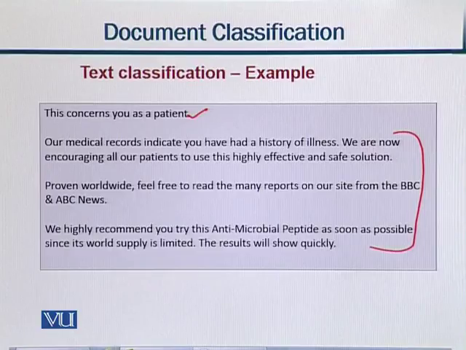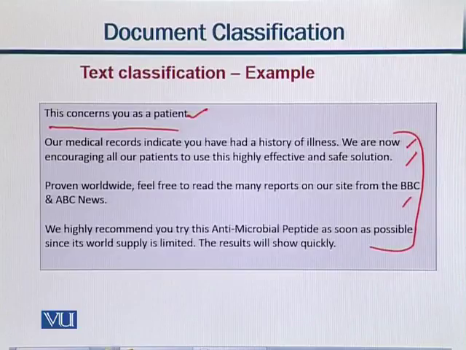So the heading would be, this concerns you as a patient. Then the person who is a patient becomes proactive, and whenever he gets this information, instead of reading the whole document he can just read this first sentence, be preemptive, and be aware that he might have some disease in future.